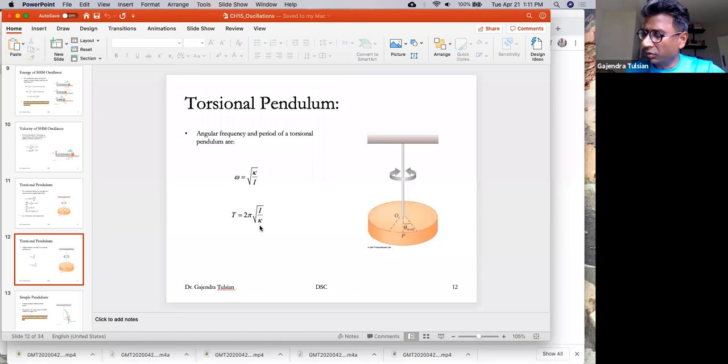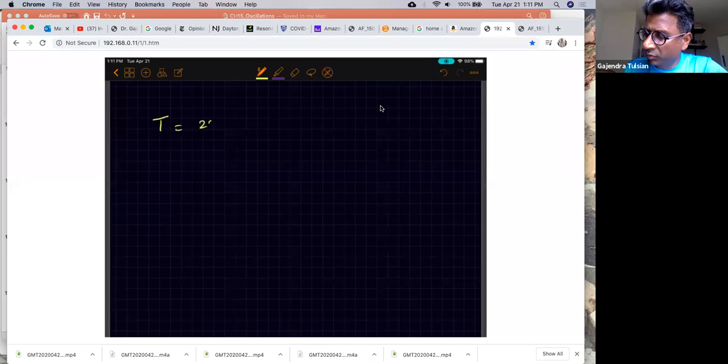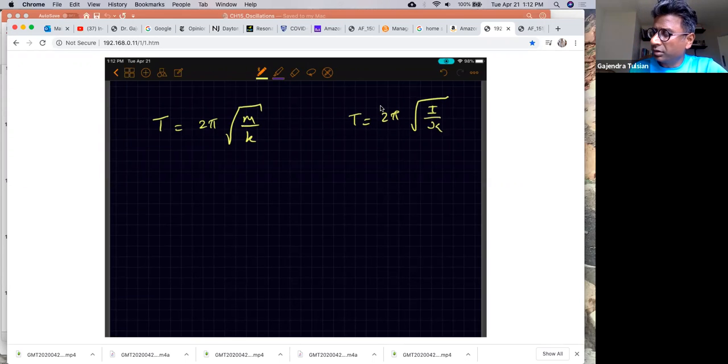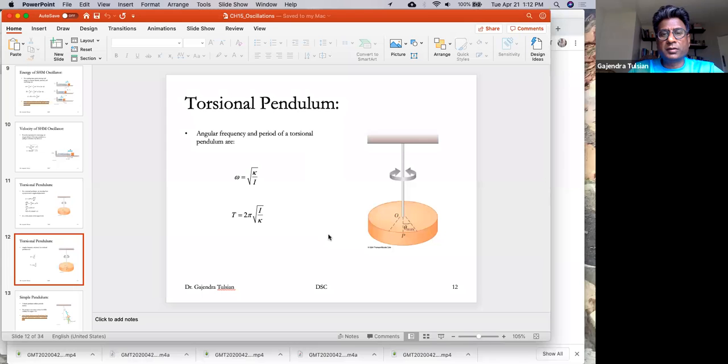The period for the simple harmonic oscillator was 2 pi times the square root of m over the spring constant, and for the torsional pendulum, T is 2 pi times the square root of the moment of inertia, the analog of mass, divided by the torsion constant. So very similar equations.